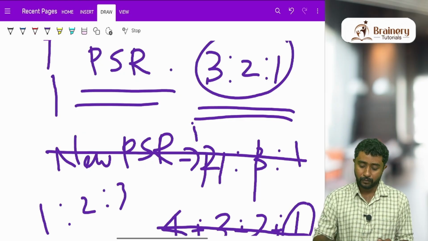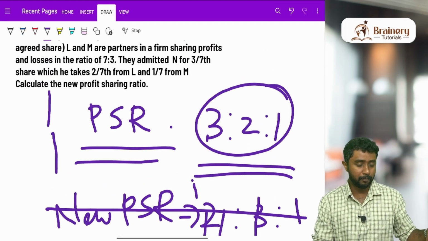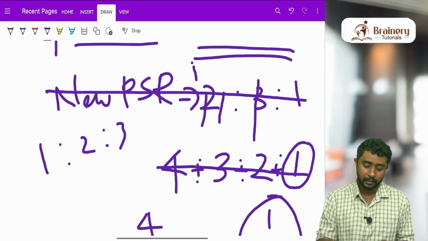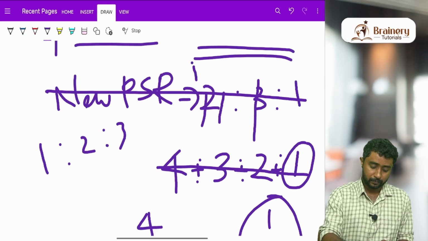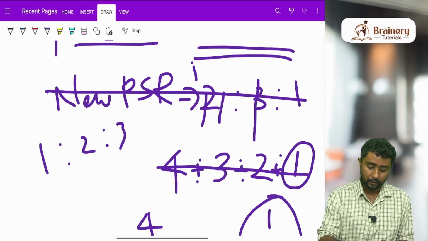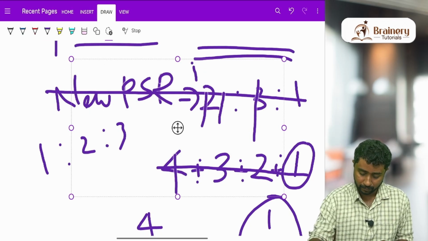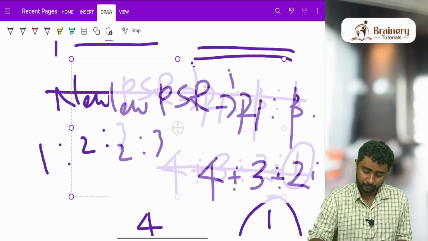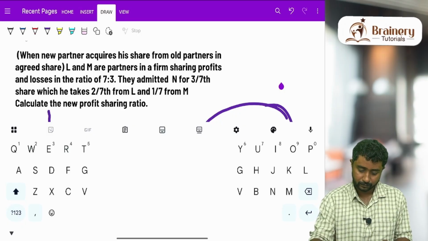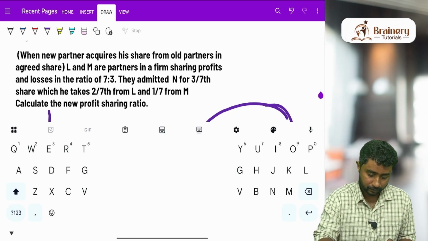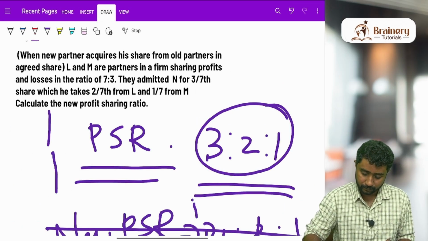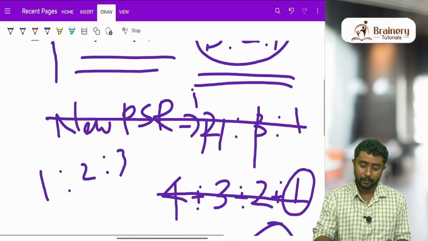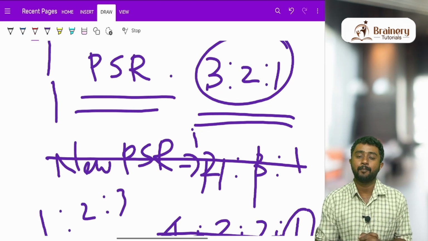Now coming to the first situation, there were 3 partners sharing profits in the ratio 3:2:1. Now they are going to share the profits in 1:2:3 ratio. When we do this, basically some people are gaining, some people are sacrificing.